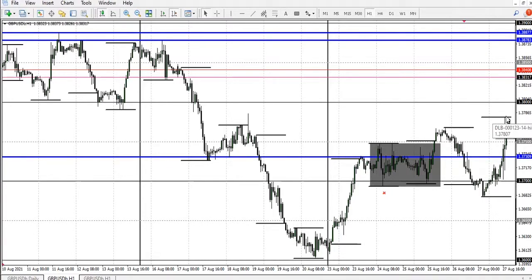One thing I want to point out is this level, 1.370309. That level is where I'm going to be looking for setups to form. All right. Once I get my setups, I'm going to be aiming for here.